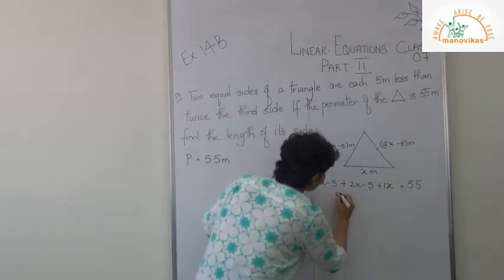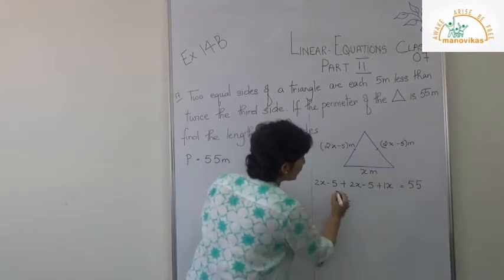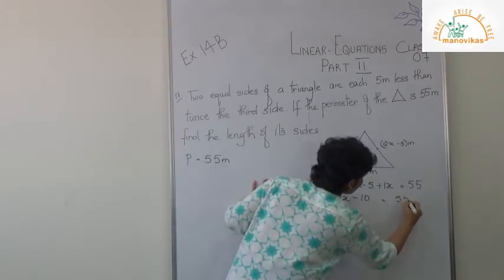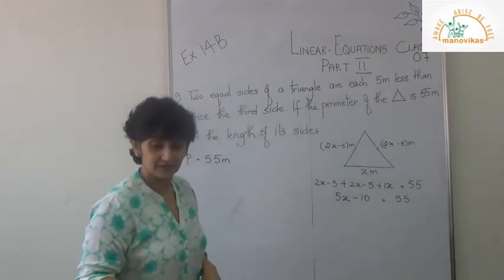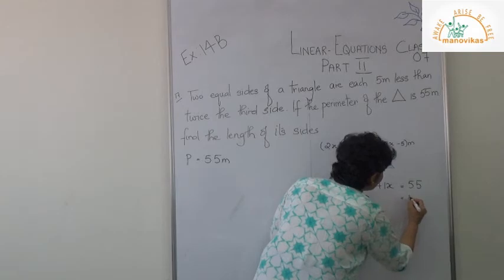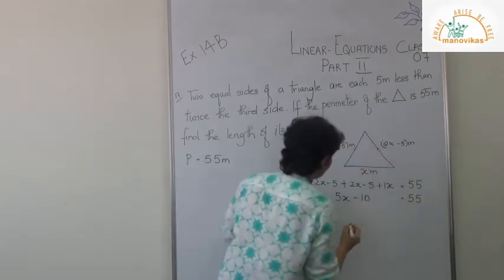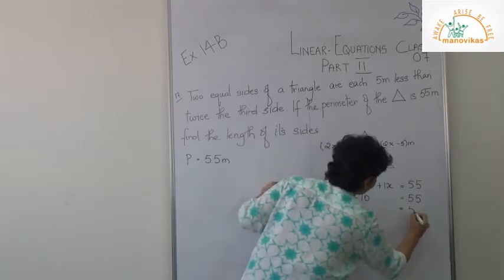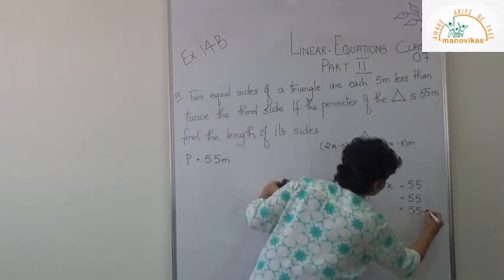So 5x, alright, minus 10 is equal to 55. Correct, children? Then 5x is equal to 55 plus 10.